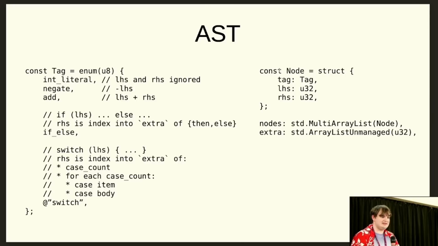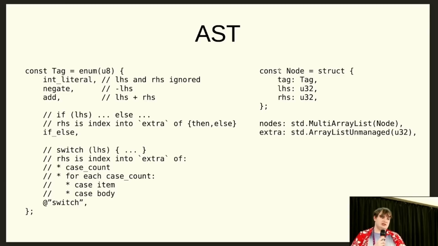So this is how we might represent the AST using this encoding. We have our tags on the left, and the comments on them describe how you use other data. This pretty closely mirrors the actual structure of the AST for Zig. It's not exactly the same, but it's pretty similar.